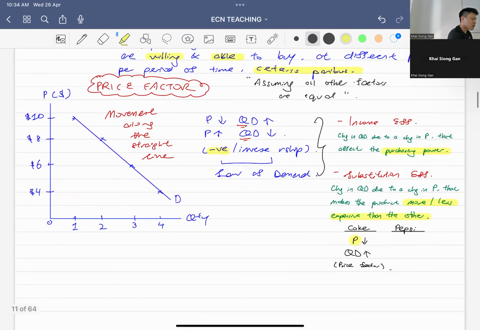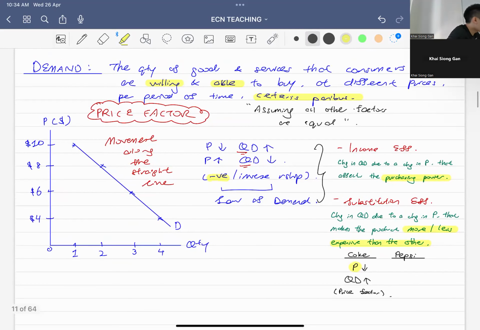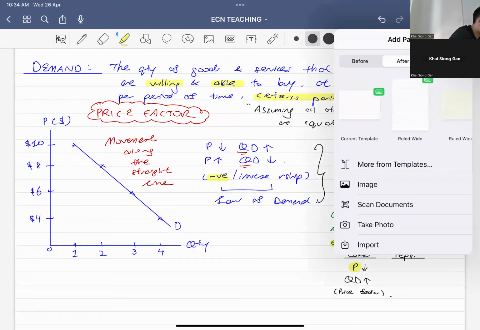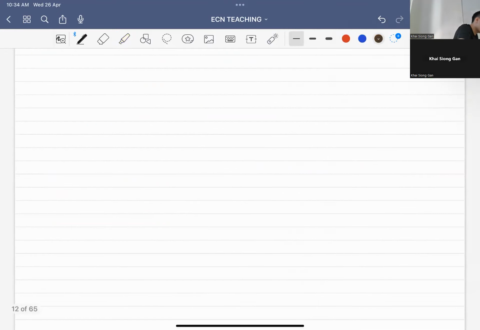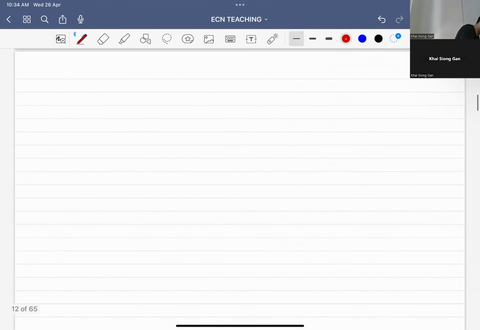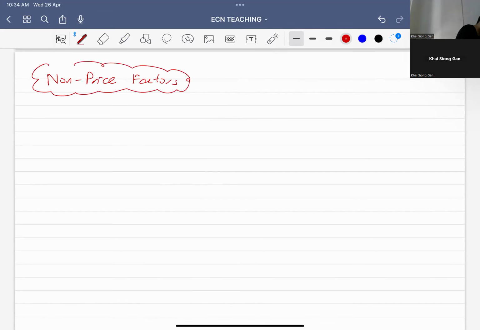So now the next one that we are going to look into would be non-price factors. If you need more time, let me know so that I can go back to that. Okay, when we talk about non-price factors, there are a lot of points.